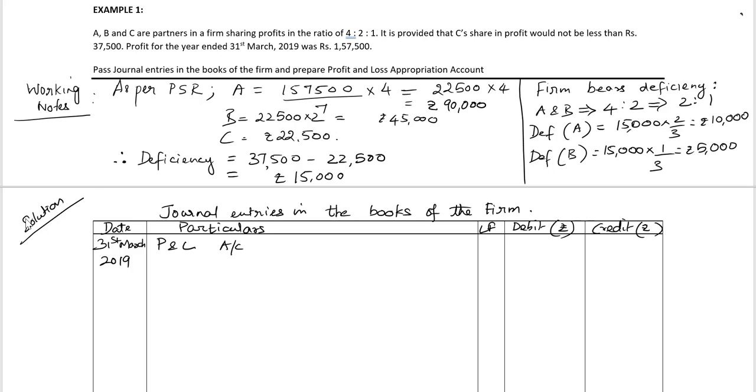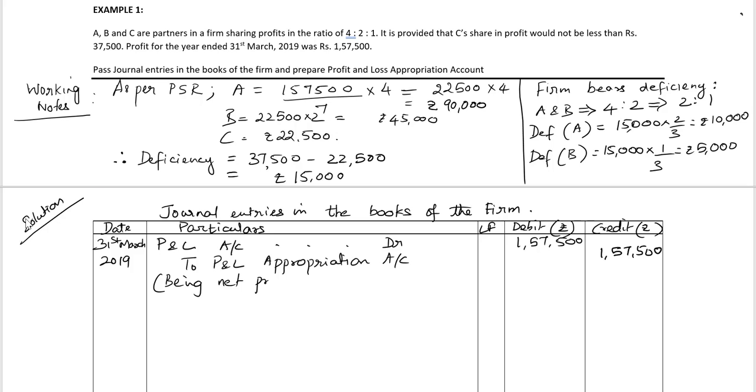Profit and loss account debit to profit and loss appropriation account 1,57,500 rupees. Being net profits transferred.